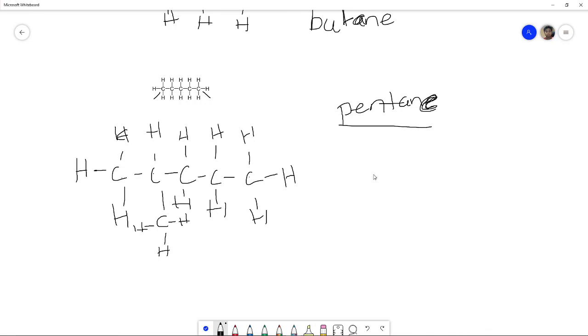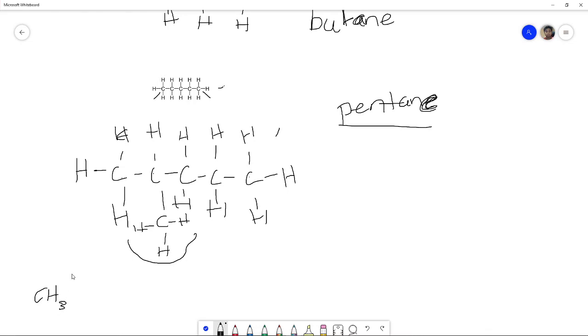So we determined that it's going to have pentane in it, and now obviously it can't just be called pentane, because this molecule is different from this molecule. Therefore we need to find a difference, and the difference is this substituent, or the functional group methyl. A methyl group is basically CH3.